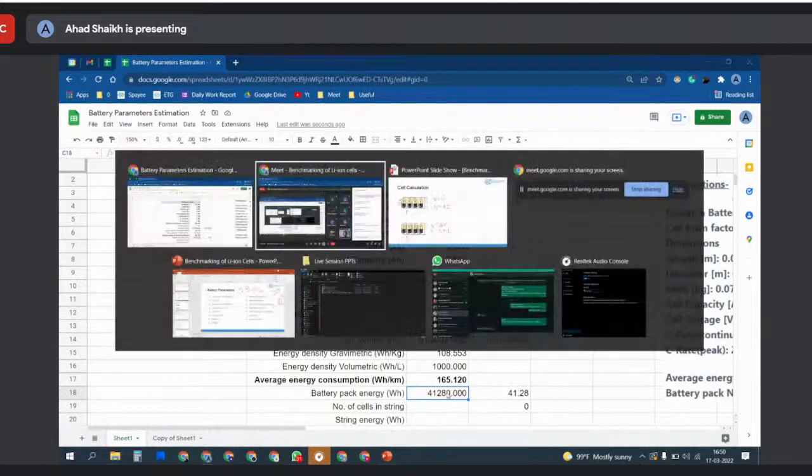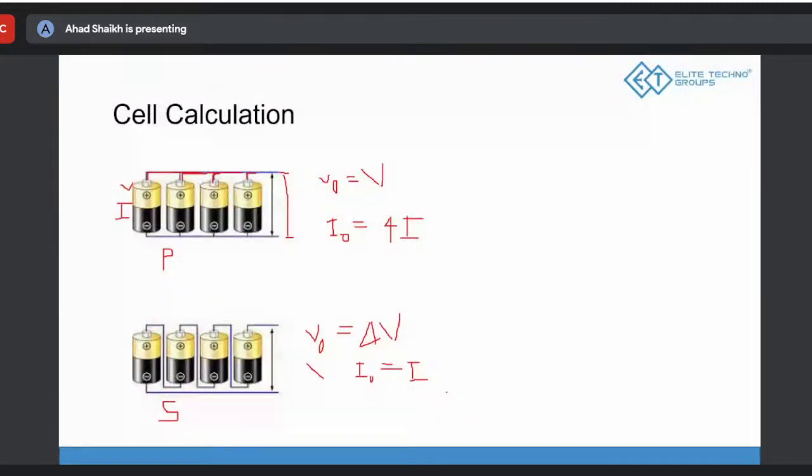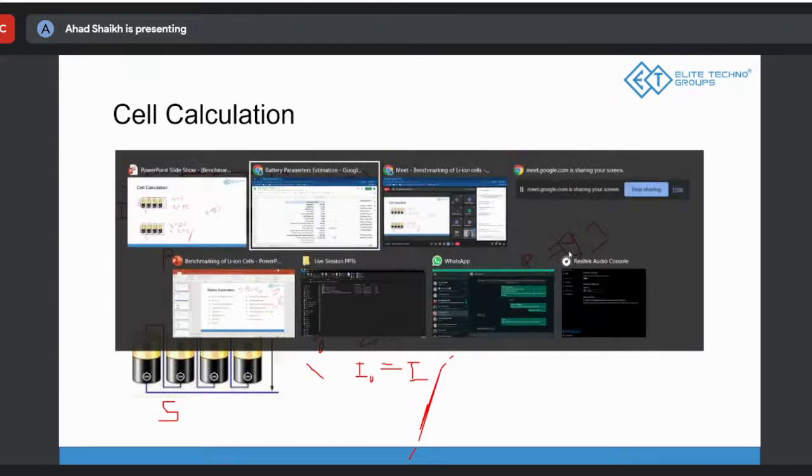As we already discussed in a previous slide, total power is voltage into current. If we take current in ampere hour, it will give us the energy, and if we take it in ampere, it will give us the power. So what we already have is the total voltage of the battery pack, which is already given here.